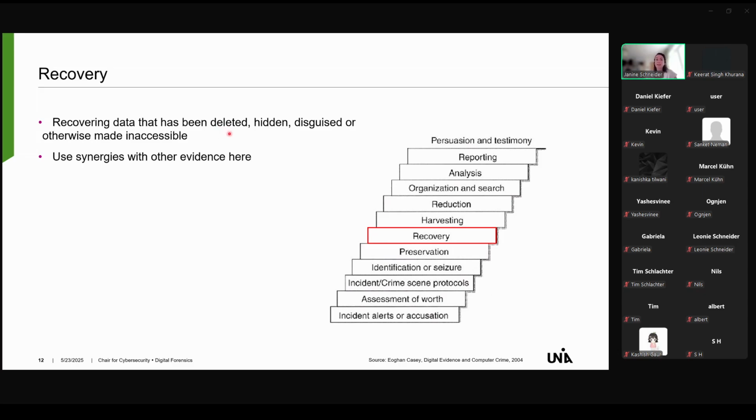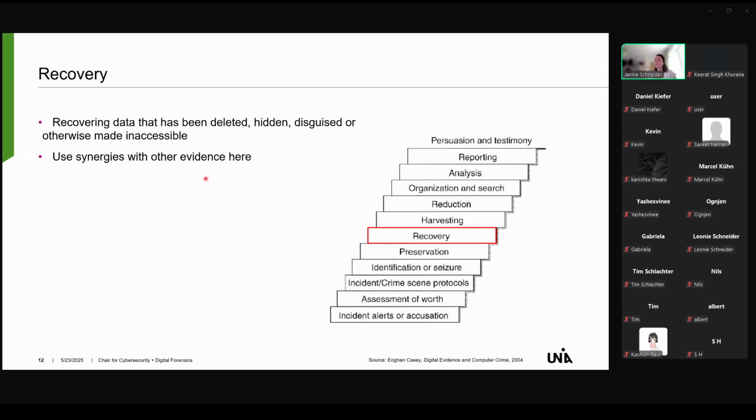Recovery means that we want to recover data that has been deleted or hidden, disguised, or otherwise made inaccessible, for example, by encryption. And in order to do so, sometimes it's just not possible. Then we have to accept that. But sometimes synergies with other evidence can be used.